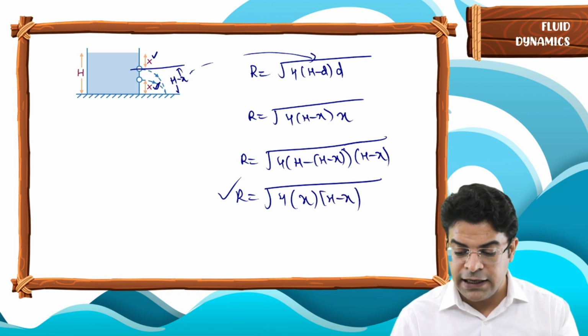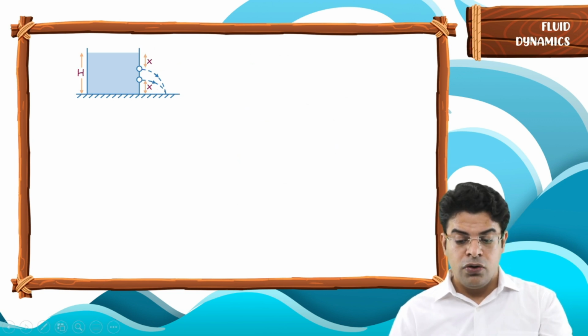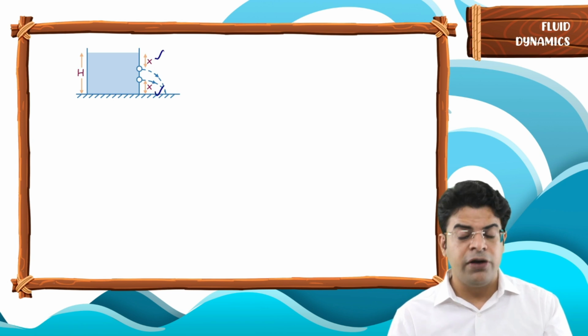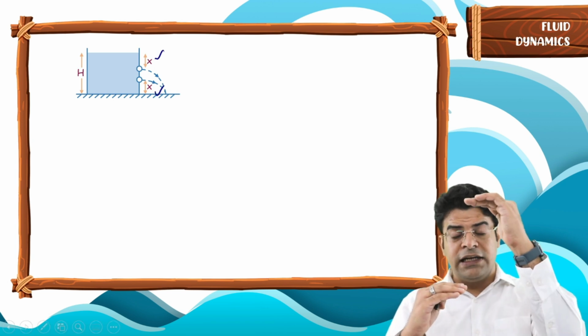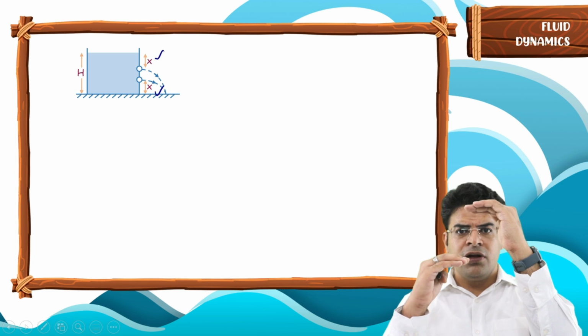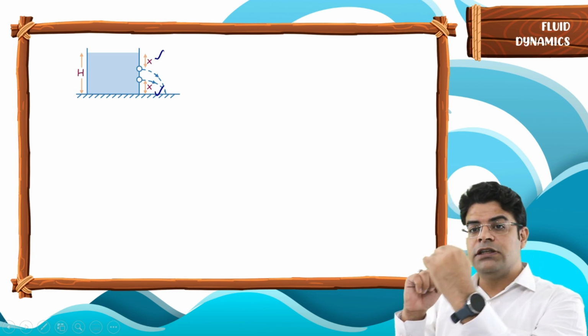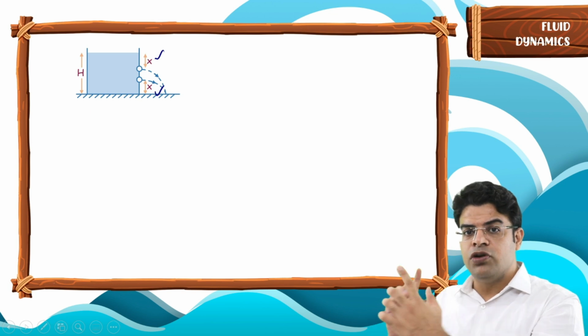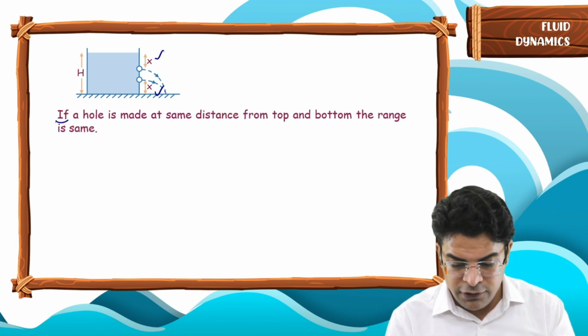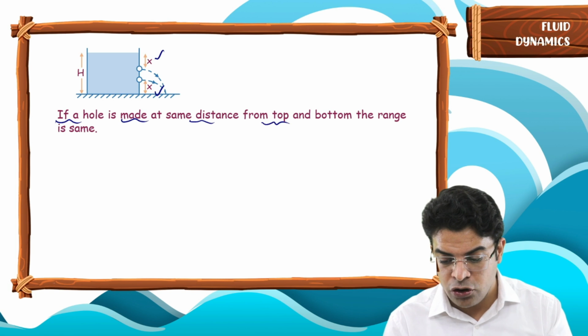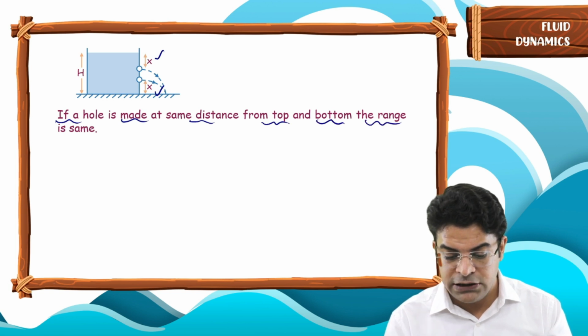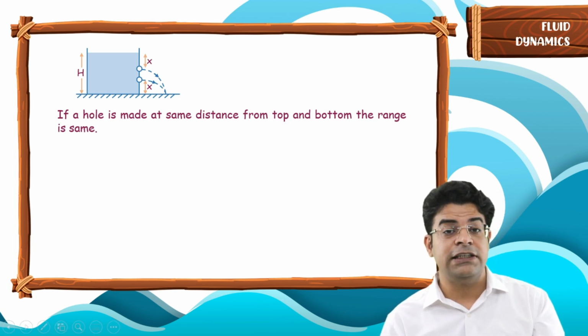So in both cases, the range comes out to be the same. Look at this diagram and remember, if the hole is made at the same distance above the base and the same distance from the top layer of the fluid, then in both cases the range of the water jet comes out to be the same. So if a hole is made at the same distance from the top and bottom, the range for these water jets is the same.